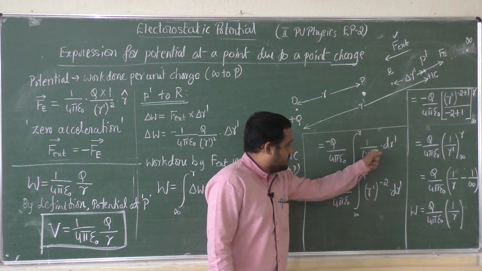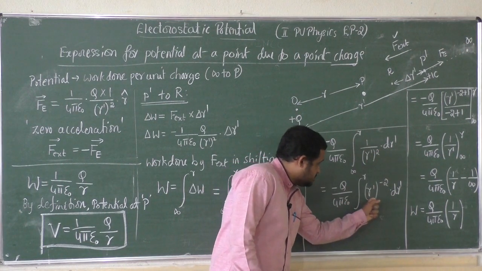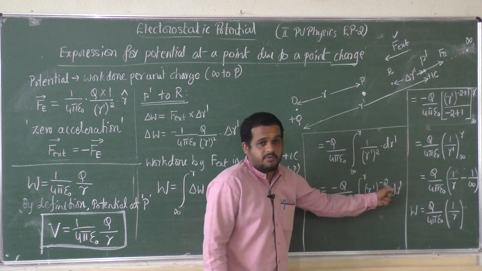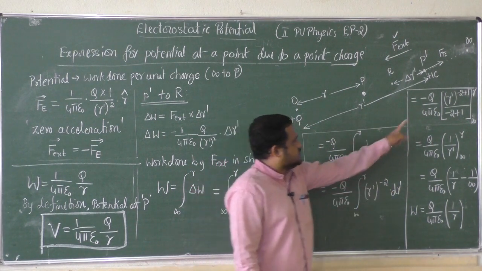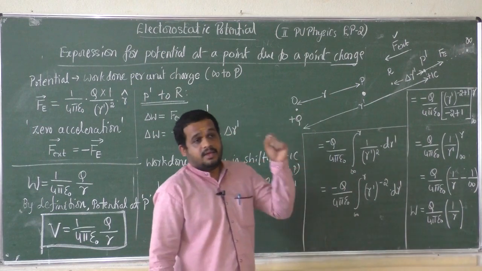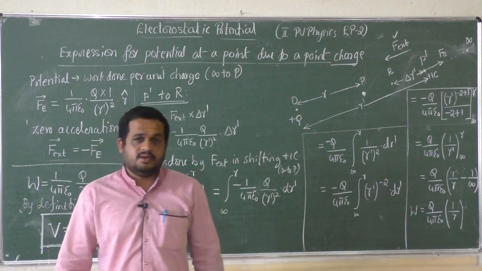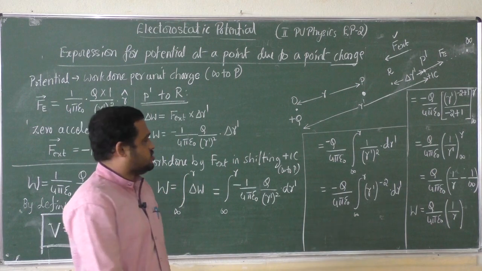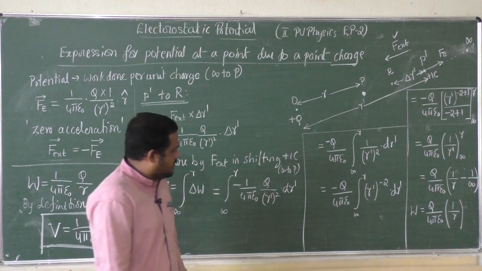In the next step, we have written 1 by r dash square as r dash to the power minus 2. Next we use the formula: integral of x to the power n dx is equal to x to the power n plus 1 divided by n plus 1.